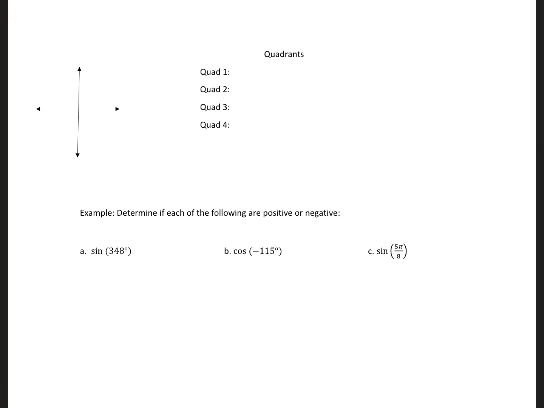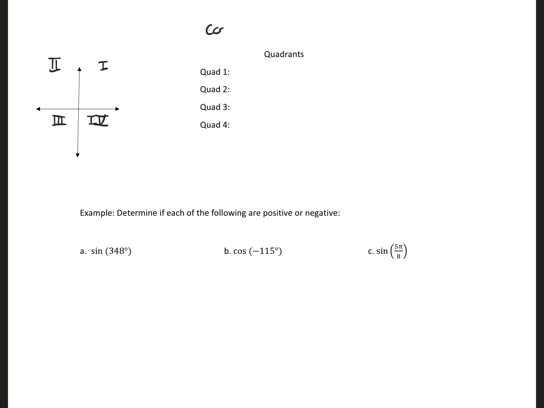Let's talk now about how these relate to the quadrants. We know in the coordinate plane, we call this quadrant 1, and then we move counterclockwise. Quadrant 2, quadrant 3, and quadrant 4.